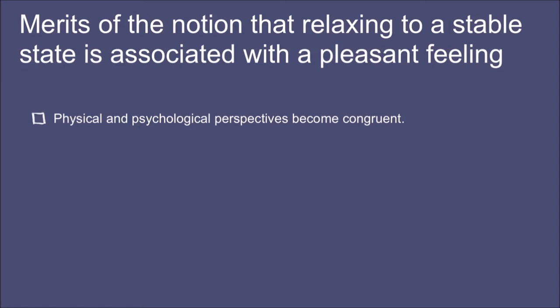Essentially, if you adopt this notion, there is this interesting observation that physical and psychological perspectives become congruent. The physicist would say the system evolves this way because it minimizes Gibbs free energy, but a psychologist would say, no, it does this because it feels pleasant.